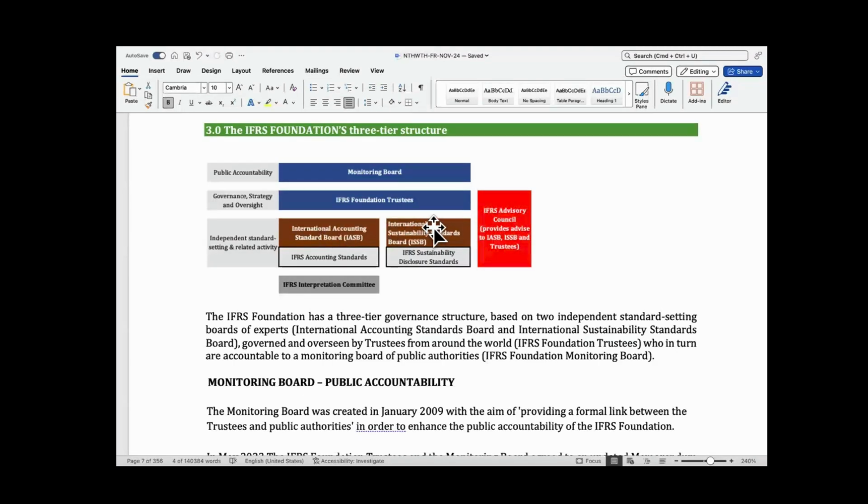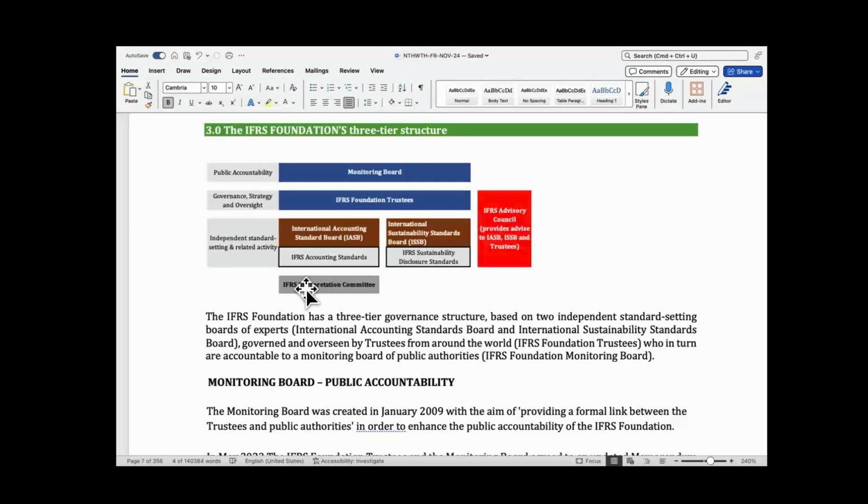Besides the IASB, there is a new standard setting body called ISSB that issues standards on sustainability. And there's this guy that advised them. So he provides advice to these structures, both the top guys, mostly the IFRS Foundation, and the standard setting bodies. And the IFRS Advisory Council also helps them get opinions from the public.